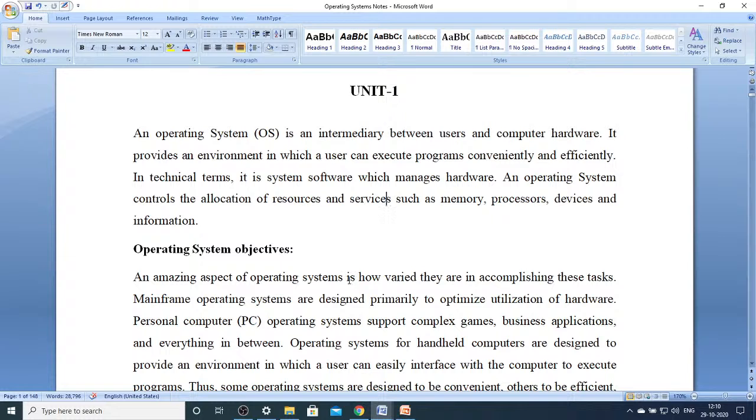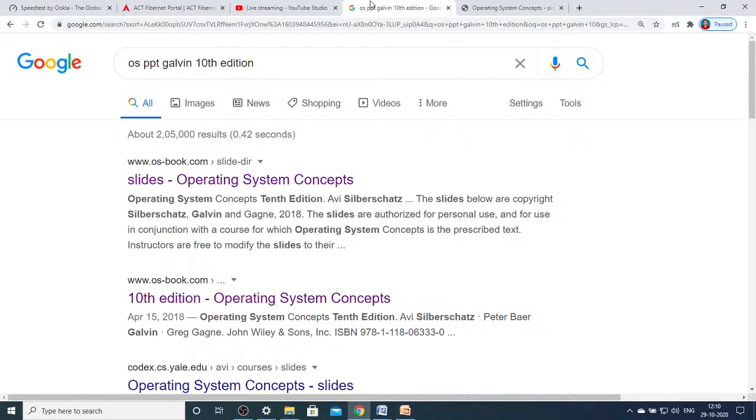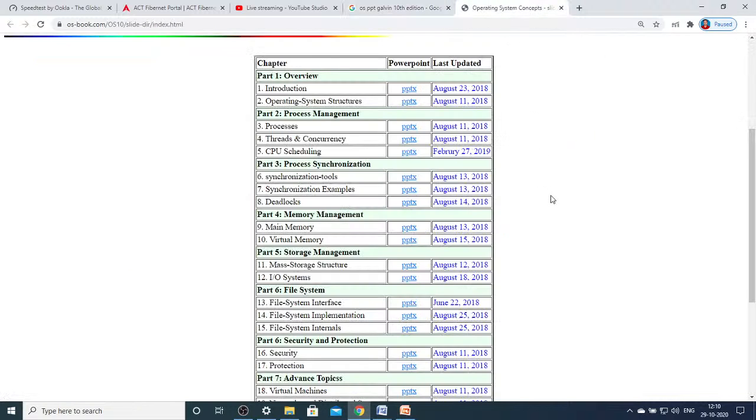But moreover, this particular notes is taken from the Galvin textbook itself. And in the month of April itself, I have already shared you the PPTs. So even now, if you type in Google OS PPT Galvin 10th edition, the very first reference, if you click on it, you will be able to see this page where you can download the PPTs.